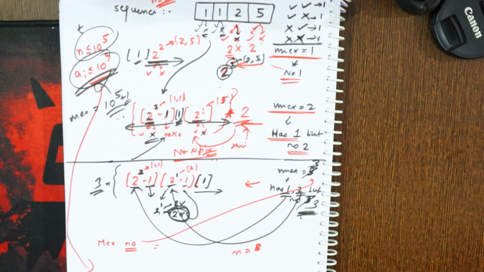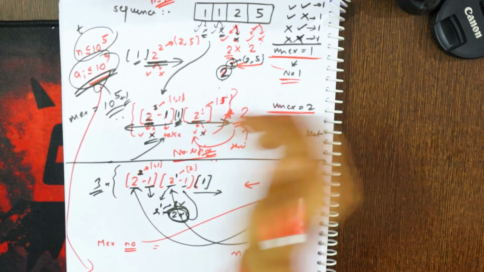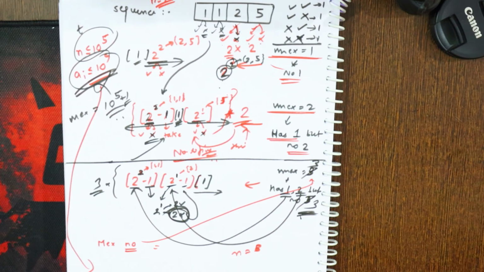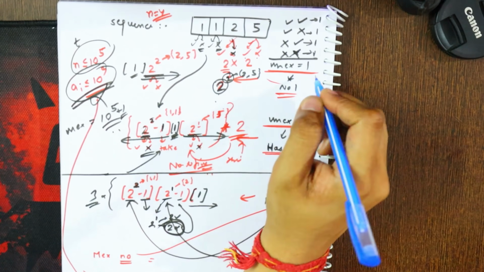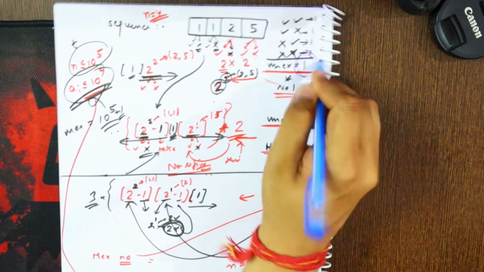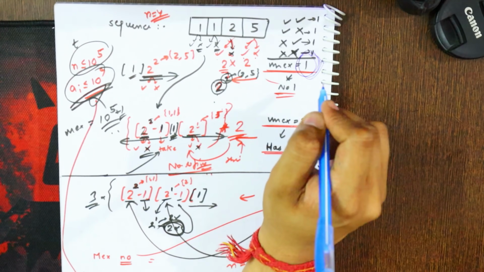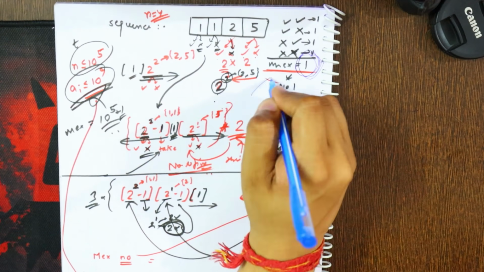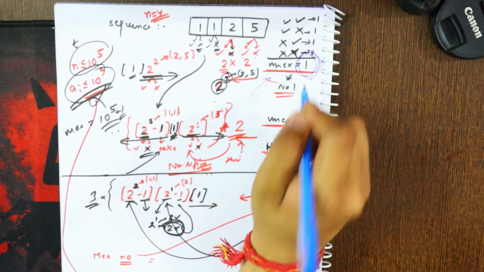So if you see this very clearly, for every MEX value, let's take another marker, blue pen, we are only worried up till that particular MEX value.